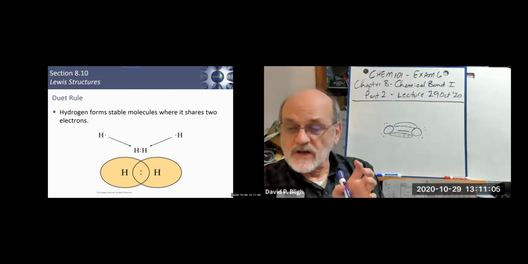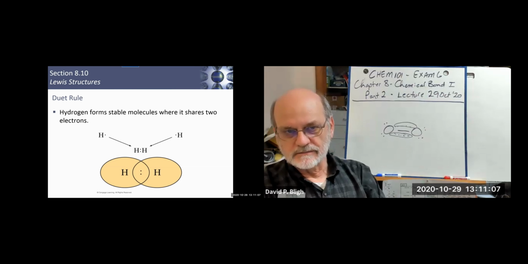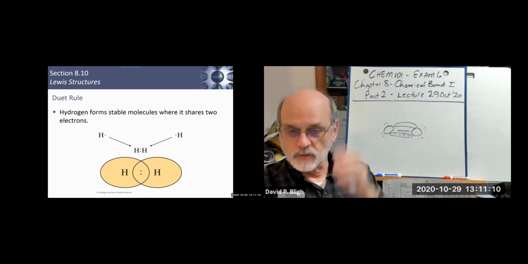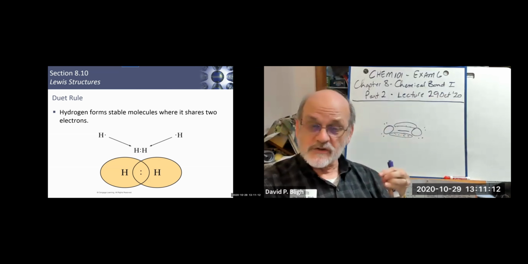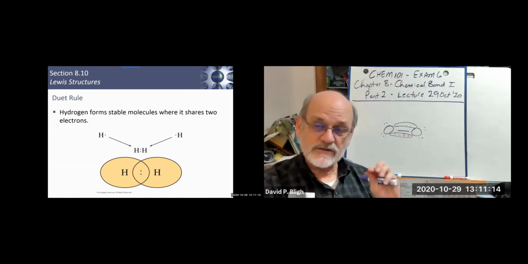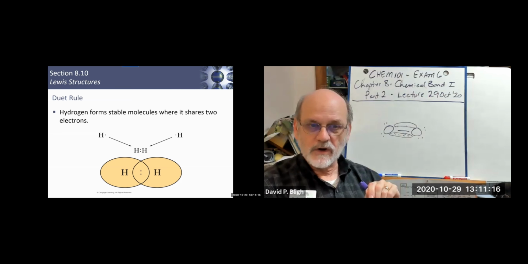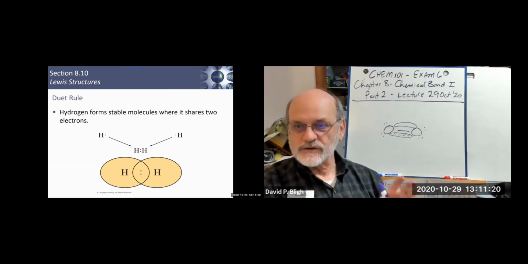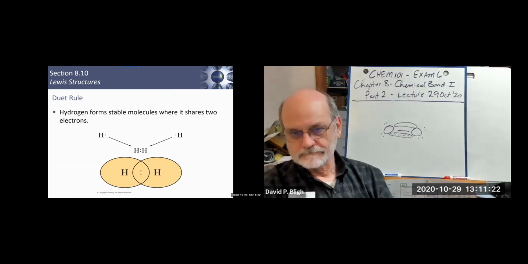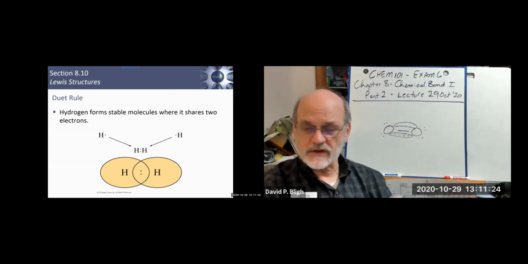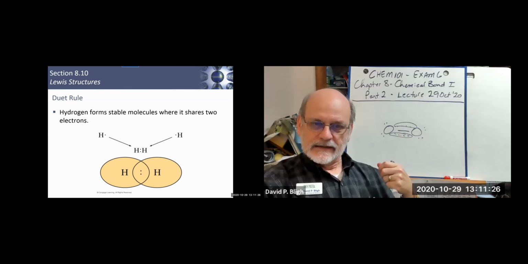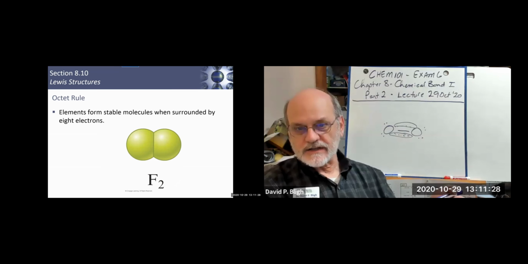Everybody wants an octet except hydrogen. Hydrogen follows the Duet Rule. And the Duet Rule just means that hydrogen is happy when it has 2 electrons. Whether they belong to each hydrogen or whether they're part of the bond, it wants 2, so it can look like helium. And it wants that noble gas configuration. Everybody else follows the octet.